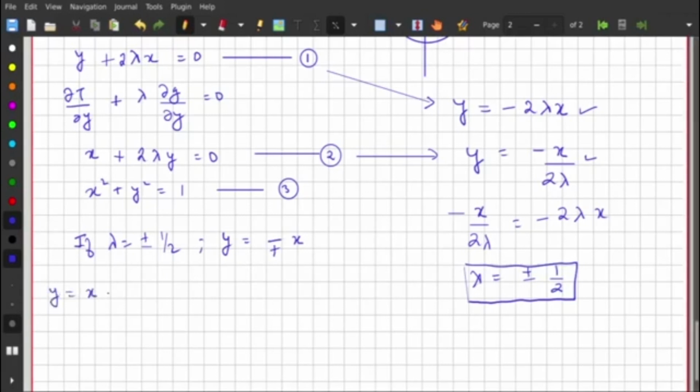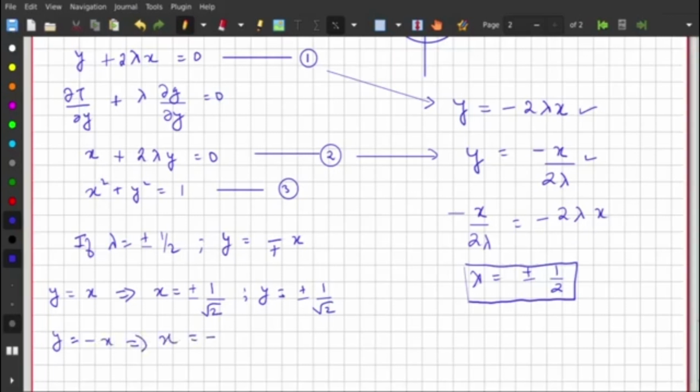For y equals x, the critical points will become, given that x square plus y square equals 1, x will be plus or minus 1 by root 2, and y will be plus or minus 1 over root 2. Similarly, for the condition y equals minus x, we'll find that x will become minus plus 1 over root 2, and y will become plus minus 1 over root 2.